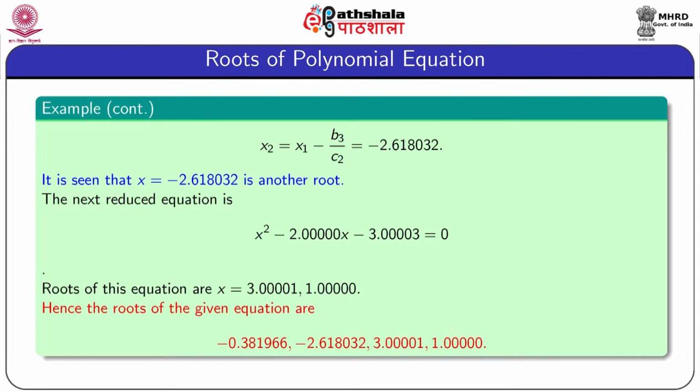Hence the roots of the given equation are minus 0.381966, minus 2.618032, the third root is 3.00001 and the fourth root is 1.00000. The last root is nothing but 1.